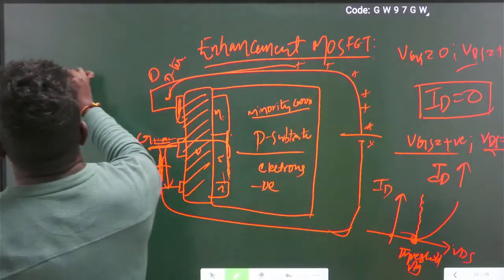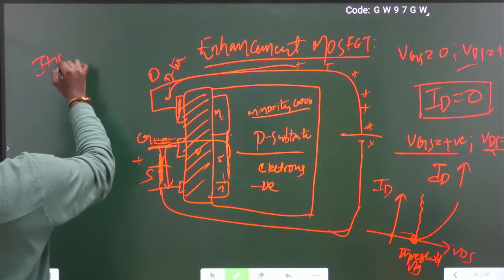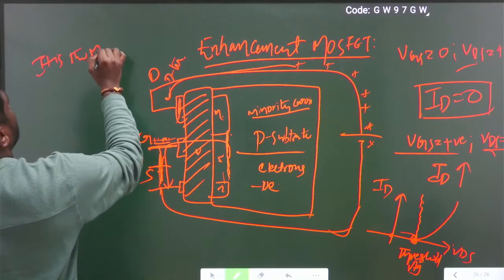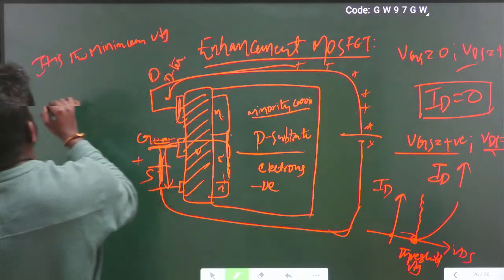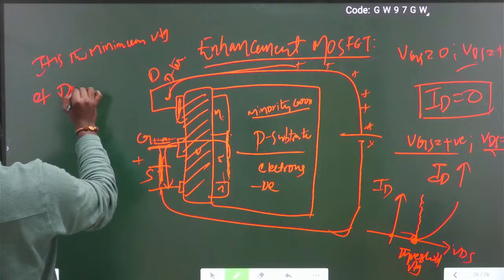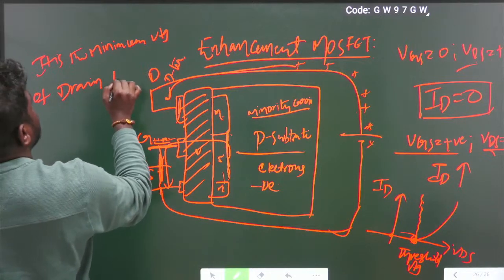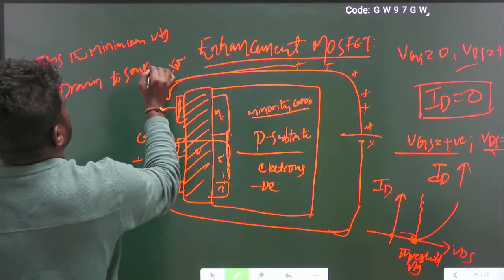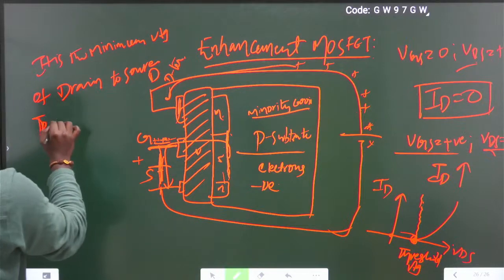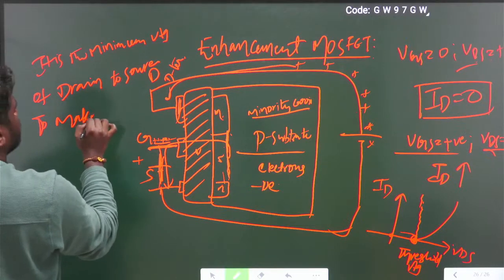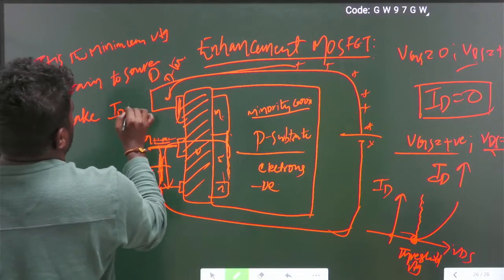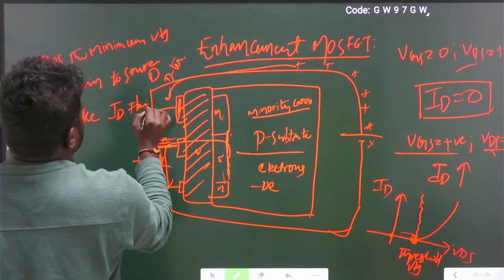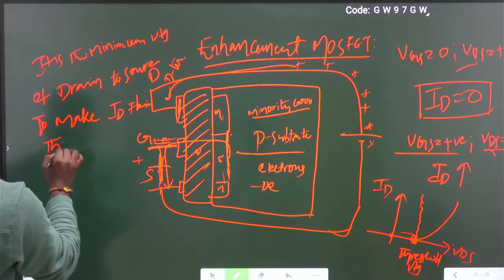So what is threshold voltage? It is the minimum voltage of drain to source to make ID flow through the circuit.